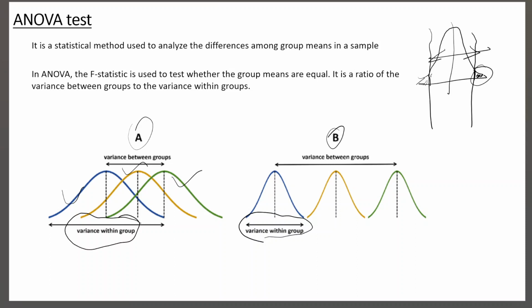So what I meant to say is that, in the case on the left, there is not much variation between the three groups, because within a group itself we have so much variation. When comparing between the groups, the variation is very small compared to within the group.